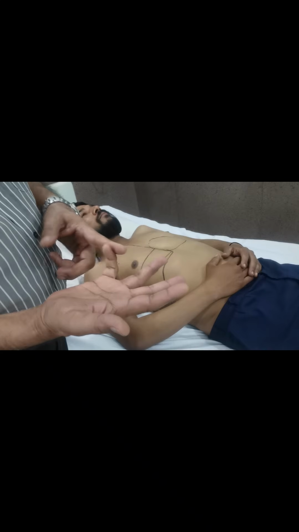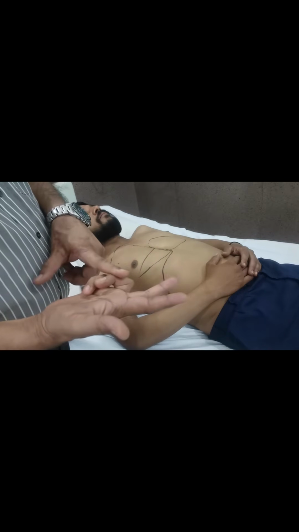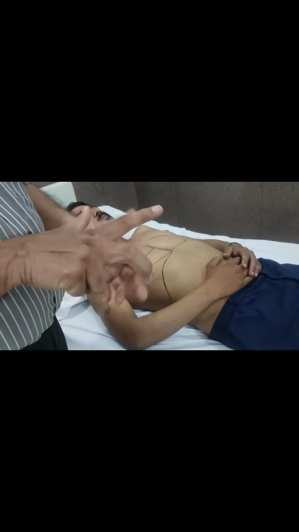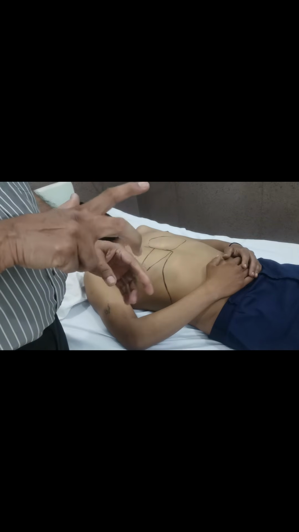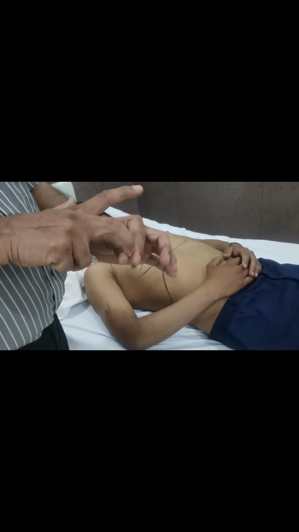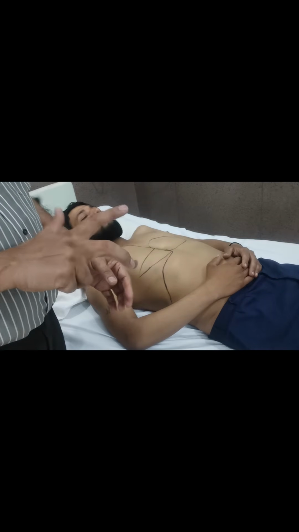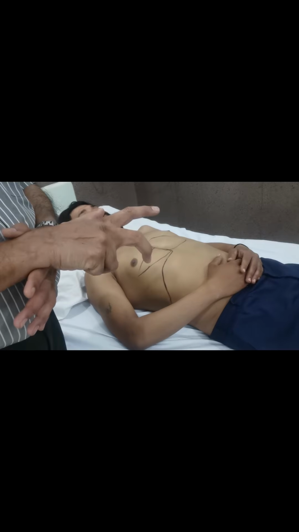For your right hand, you flex your little finger, you flex your ring finger, you extend your index finger, extend your thumb and make them stiff so that they can't be moved. So when you make them stiff, your middle finger comes down automatically to the 90 degrees and then you can use it like a hammer to strike the other finger.